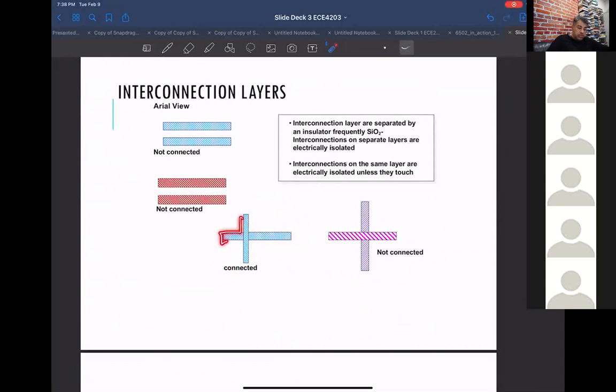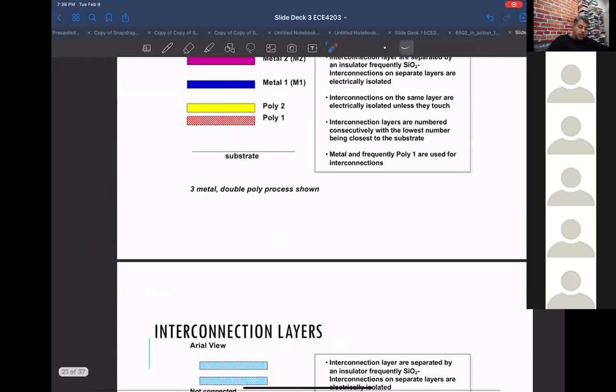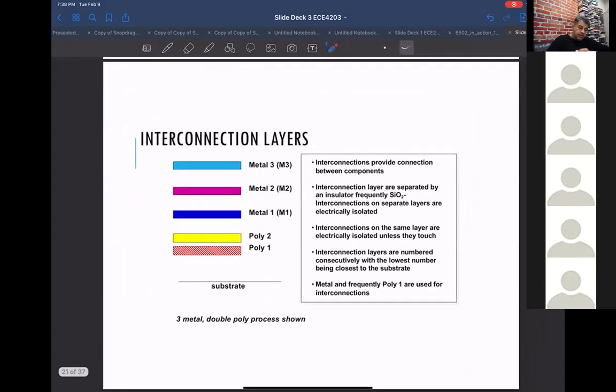When the fab makes this, it will look like a cross laying on its side. And again, this is an aerial view, looking top down. If you have two metal 1 rectangles sitting next to each other, they won't be connected. Or two metal 2s or two polys, they won't be connected, although they're in the same layer. Again, remember, we're always looking at these layouts from the top down.